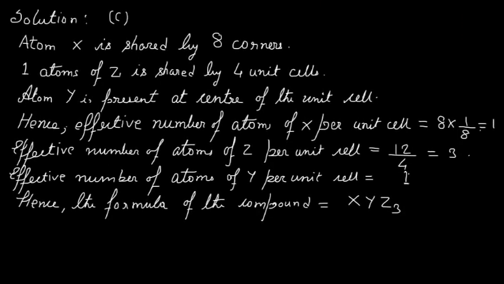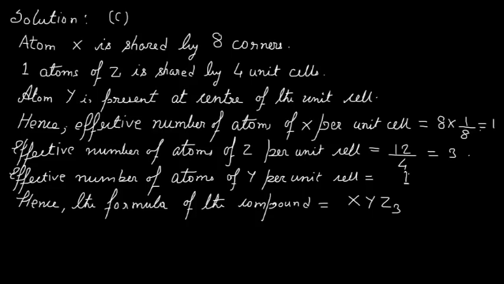So atom X is shared by 8 corners. One atom of Z is shared by 4 unit cells. Atom Y is present at the center of the unit cell. Hence, the effective number of atoms of X per unit cell is 8 into 1 by 8, that is 1.